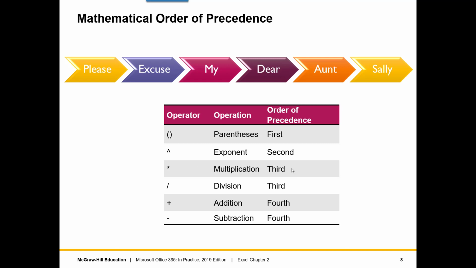So left to right, it'll look for multiplication and division, and then the final pass, it will look at addition and subtraction, which are also reciprocal. So if you want to elevate an addition and subtraction to happen before a multiplication and division, you need to put a parentheses in your formula.